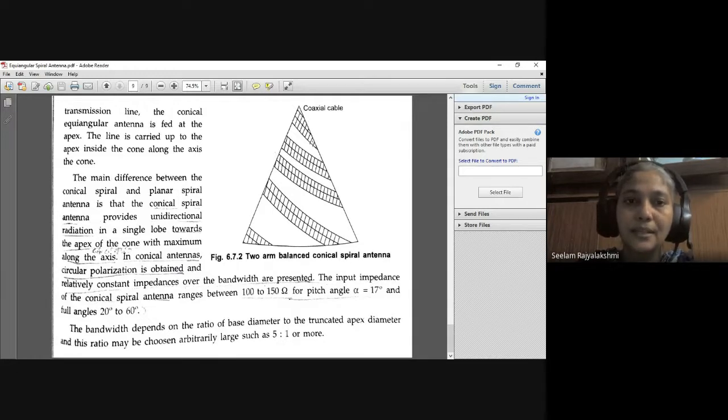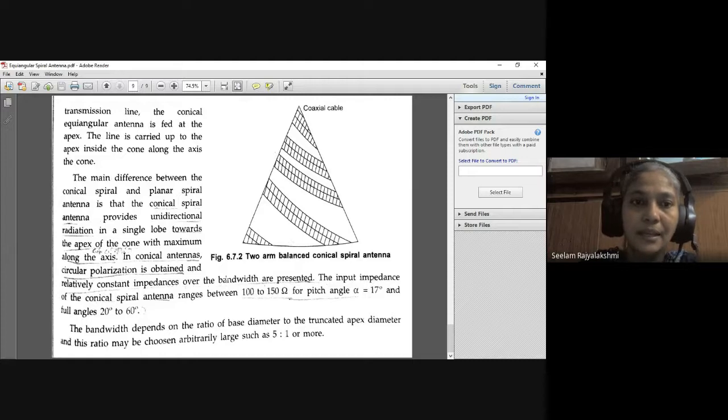It is a single lobe towards the apex of the cone with a maximum along the axis. In conical antennas, circular polarization is obtained, and relatively constant impedance and bandwidth are presented. The input impedance of the conical spiral antenna ranges between 100 to 150 ohms, for pitch angle alpha equal to 17 degrees and full cone angles of 20 degrees to 60 degrees.